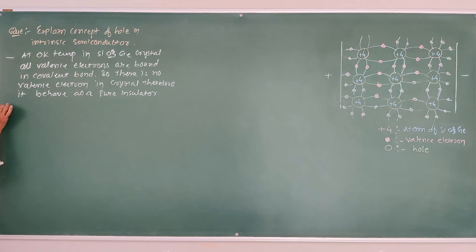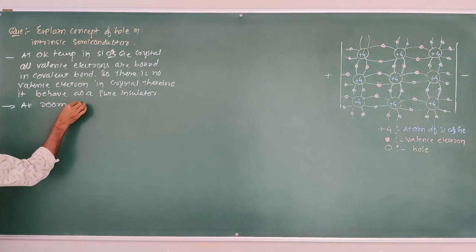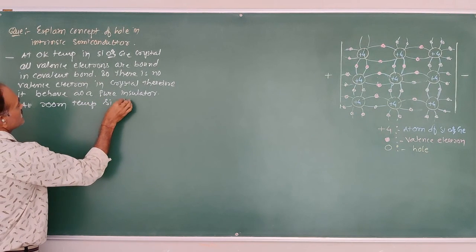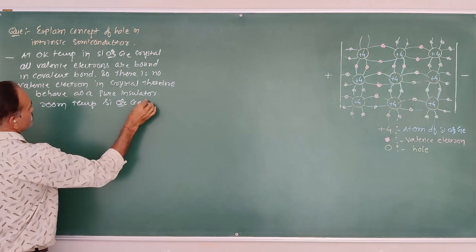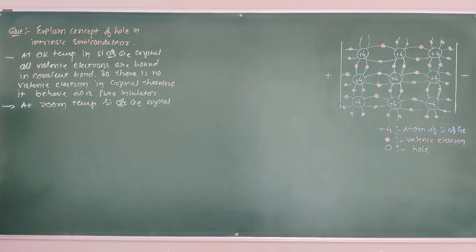At room temperature, a silicon or germanium crystal gets heat energy, again thermal energy.